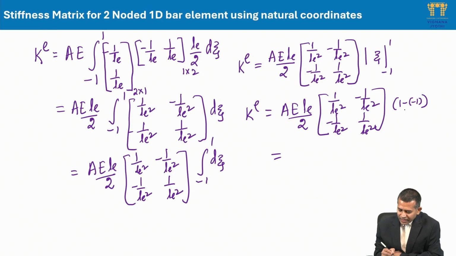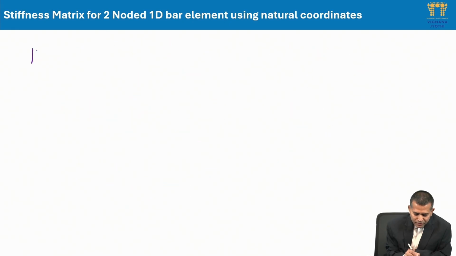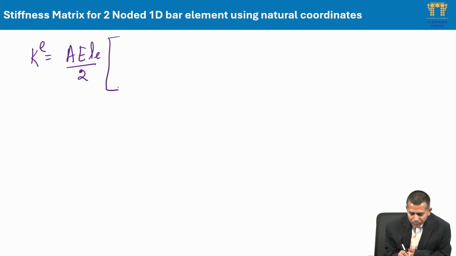So this 2 will get cancelled. Let me write the next step. KE equals AE LE by 2 times the matrix 1 by LE square, minus 1 by LE square, minus 1 by LE square, 1 by LE square, into 2.